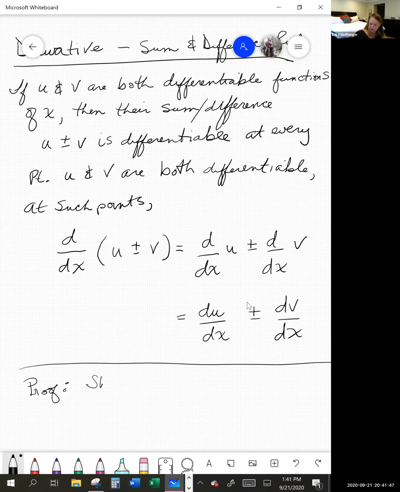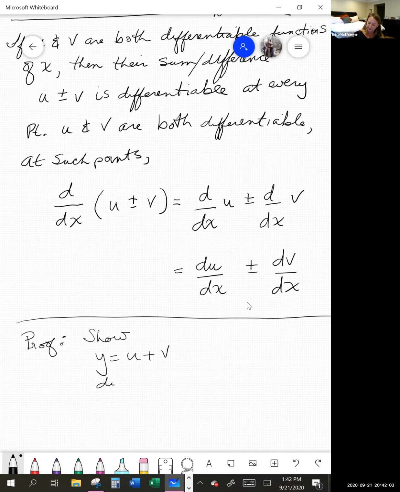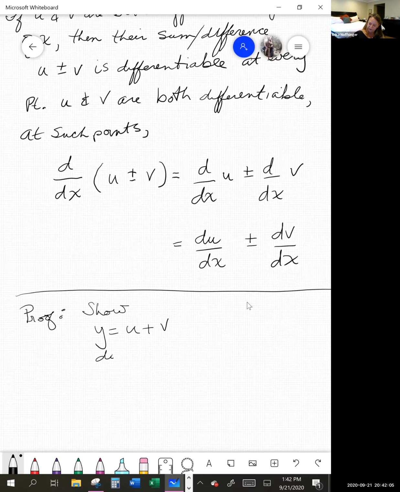So let me just prove that really quick. So we're going to show, let's say if y is equal to u plus v, and I'm just going to do the plus, then the derivative of y with respect to x is equal to du over dx plus dv over dx.